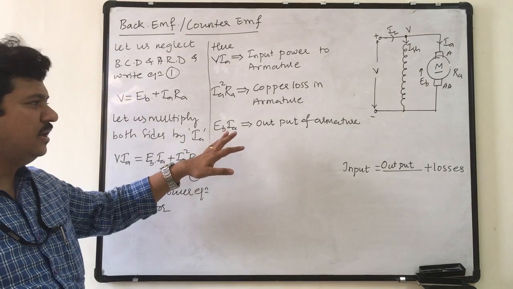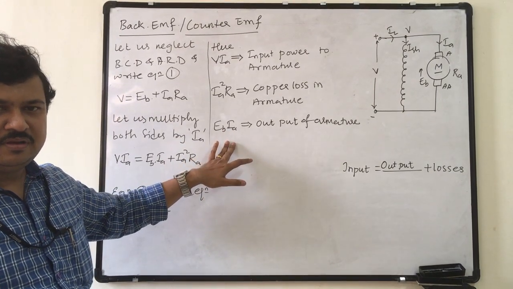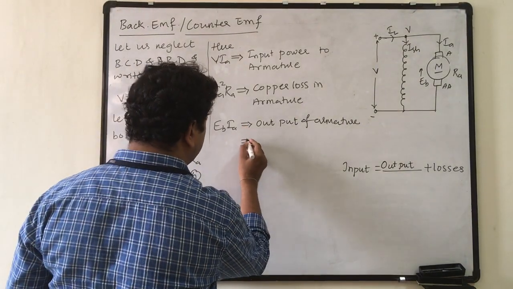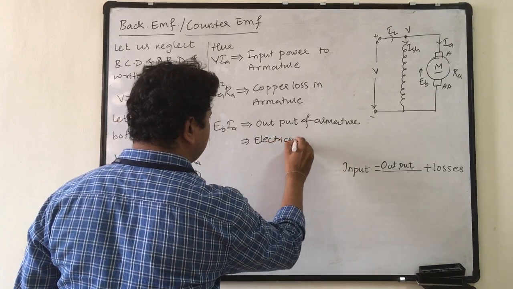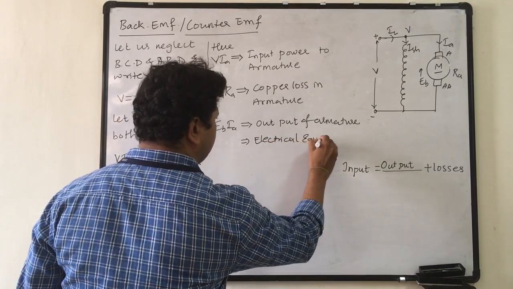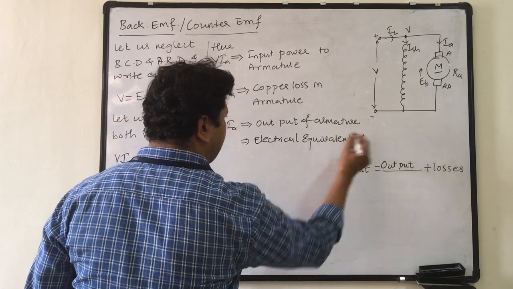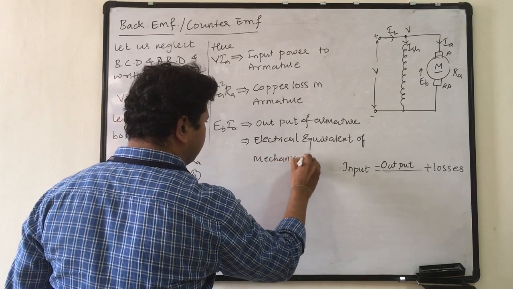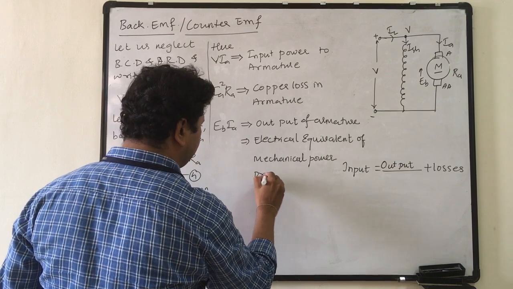So EB into Ia is an electrical power. Then how can this be mechanical power? So this EB into Ia is nothing but the electrical equivalent of mechanical power produced by armature.